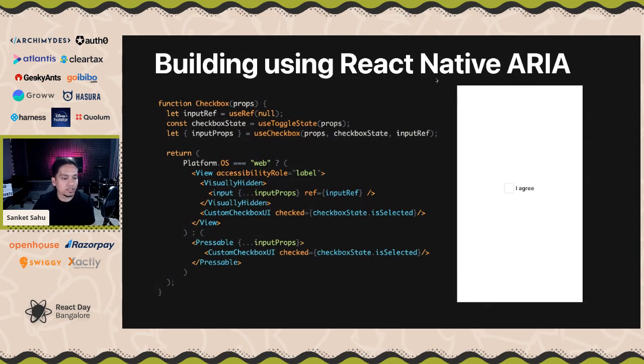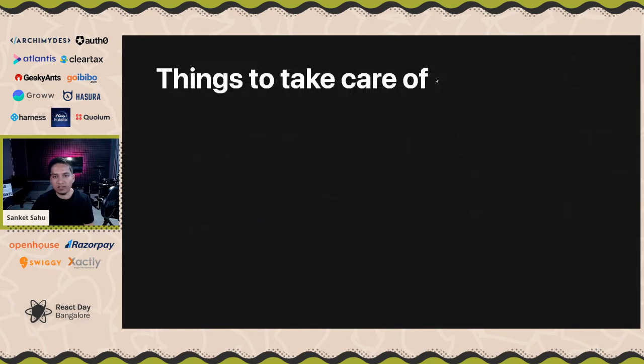So here it's the pressable component, and on the web, the input type is equal to checkbox. And we're not passing type is equal to checkbox because that's coming from the input props. And we have conditionals inside use checkbox that make sure that it passes down the correct props to web and mobile. And yeah, so we have used it and built a lot of components using React Native ARIA.